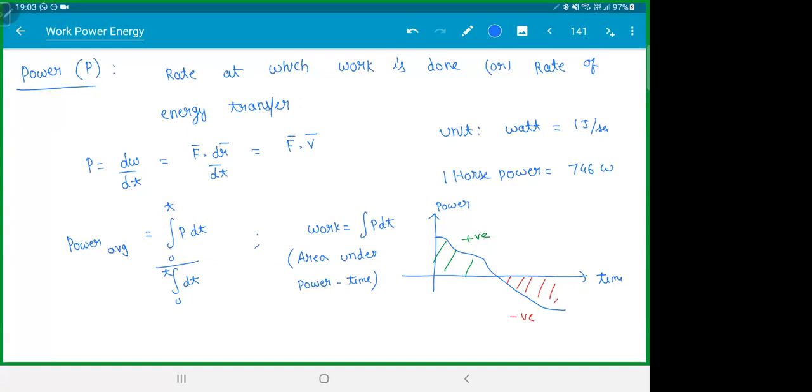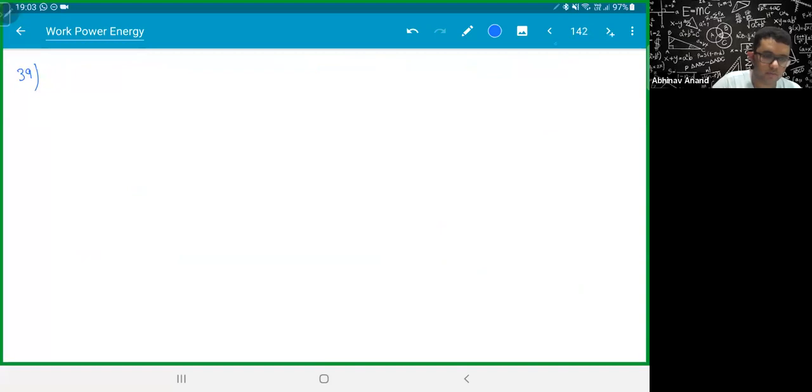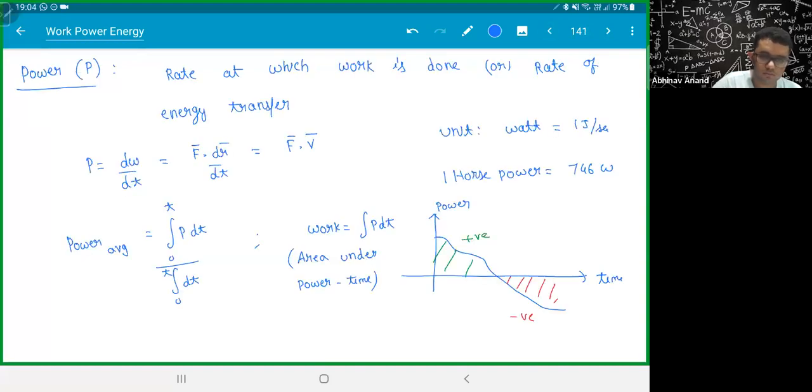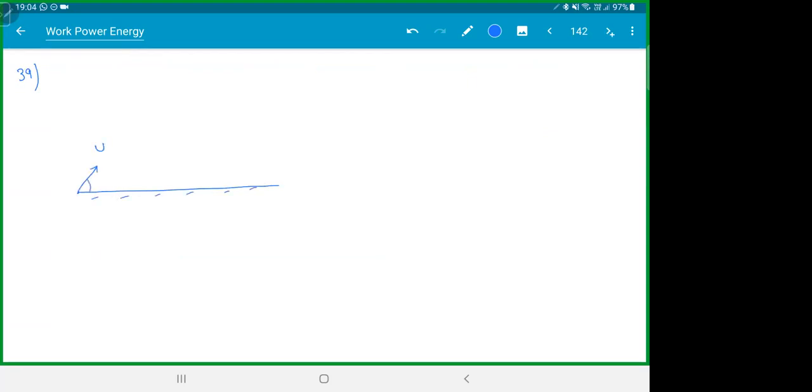Clear, everyone? Let's see a question. Sir, can you go back? Yes, sir, thank you. A particle is projected with speed u at angle theta, mass m.